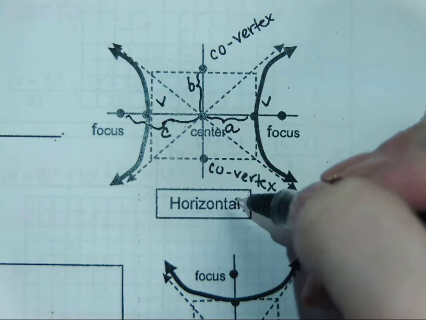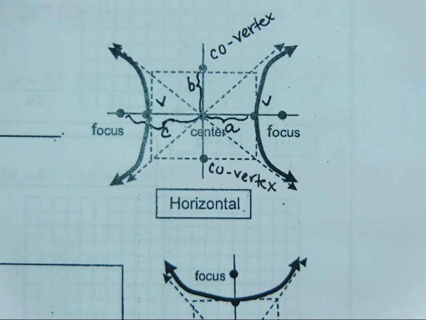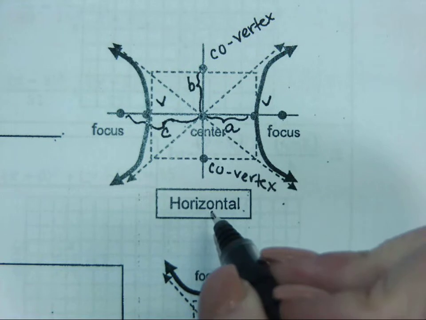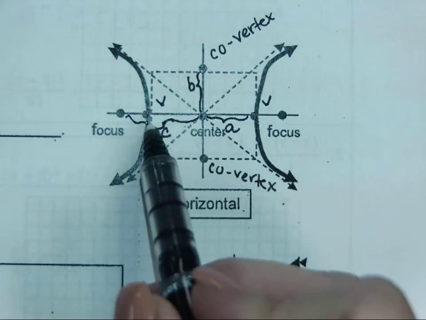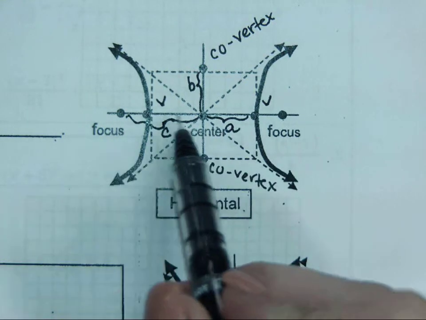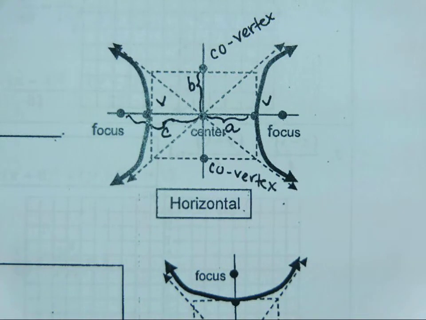And so when you have a graph that's horizontal, that means your center, vertices, and foci all fall on that same axis, horizontally.